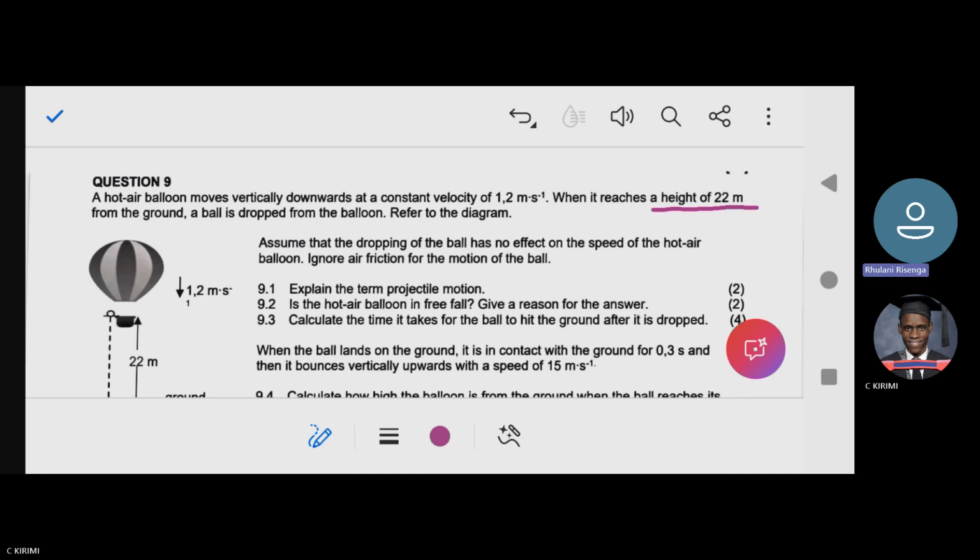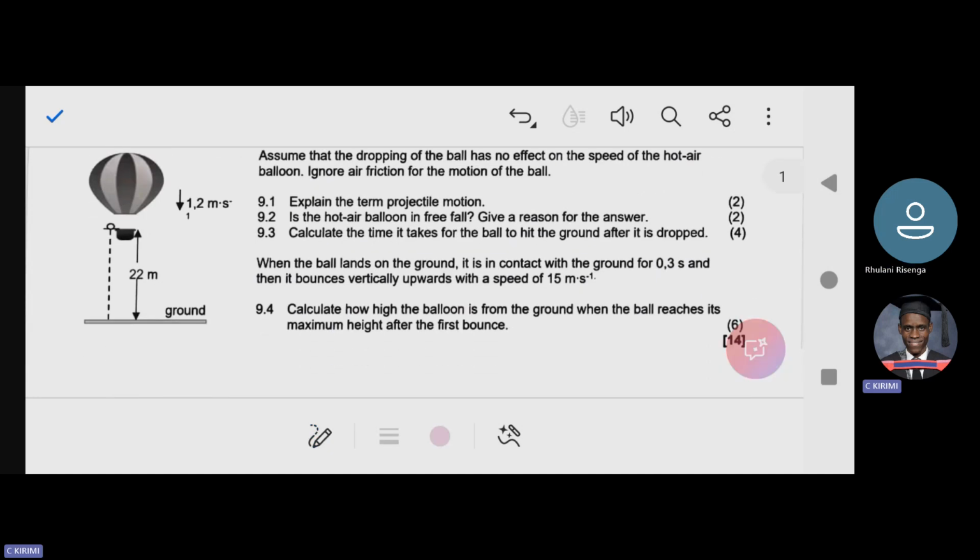Of the ball or the balloon? Of the ball. It's 1.2 meters per second downwards. Yes, or you can say it's minus, so that when you're calculating, you know the direction is downward.